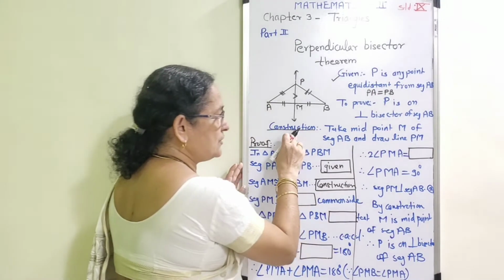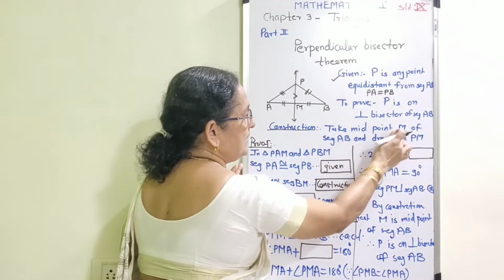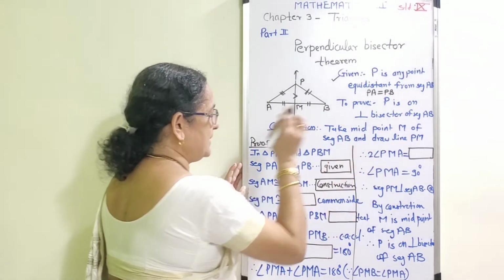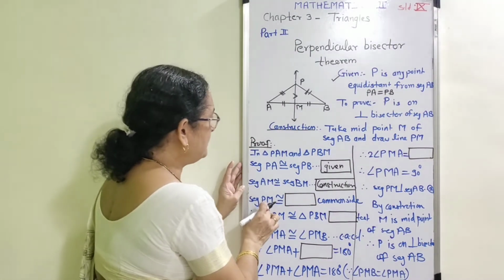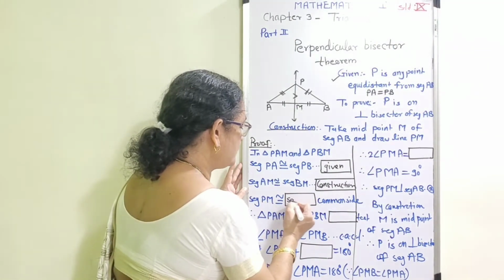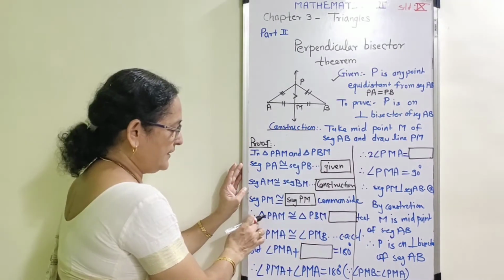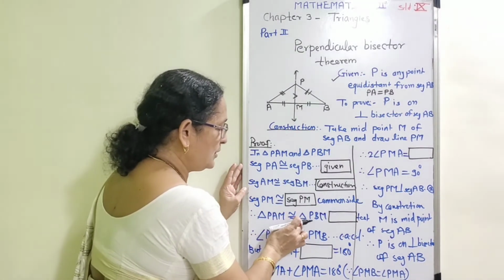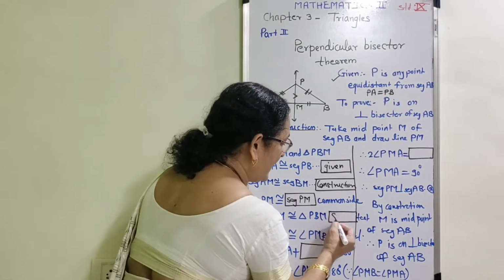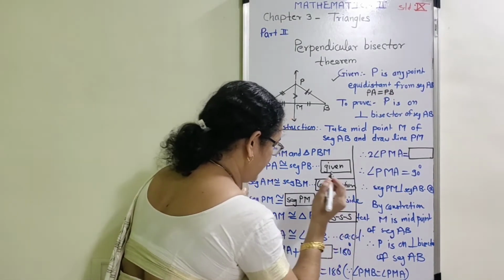In our construction, we have mentioned that M is the midpoint of segment AB. Now segment PM is congruent to segment PM since it is the common side, and therefore triangle PAM is congruent to triangle PBM by SSS test.